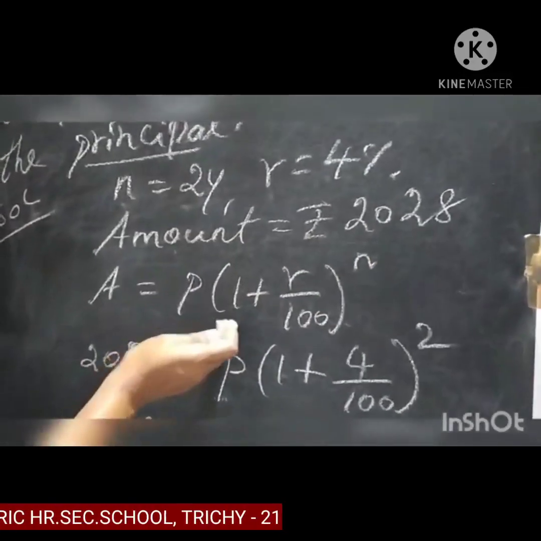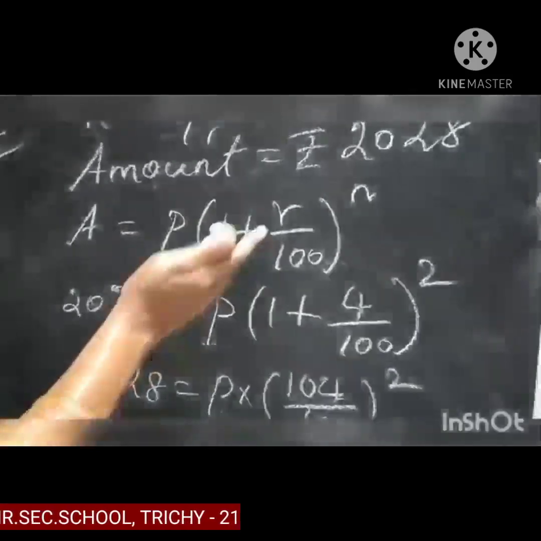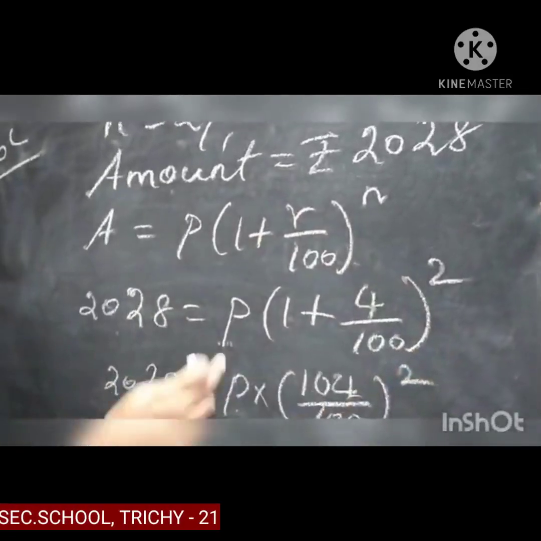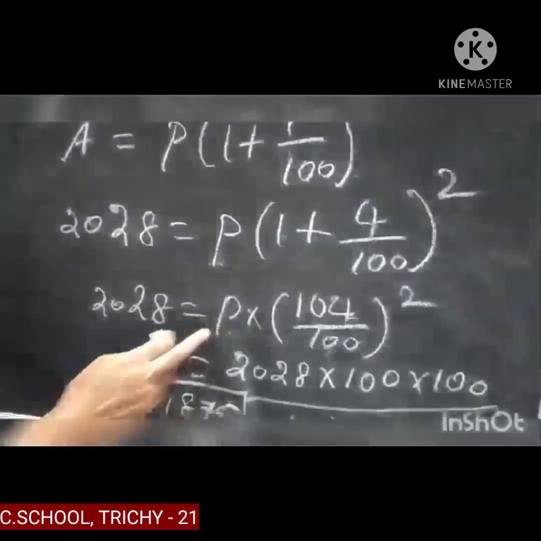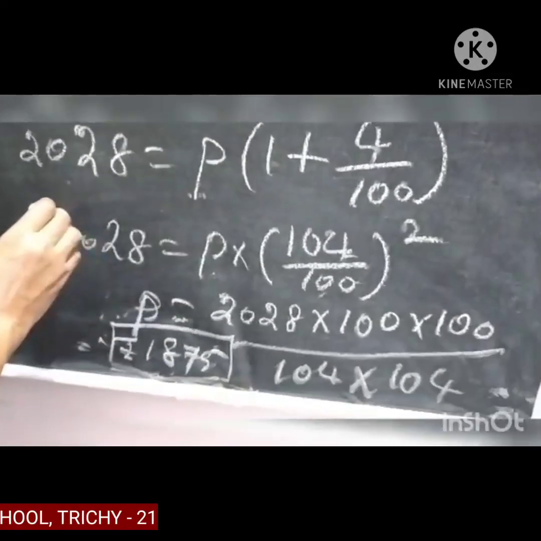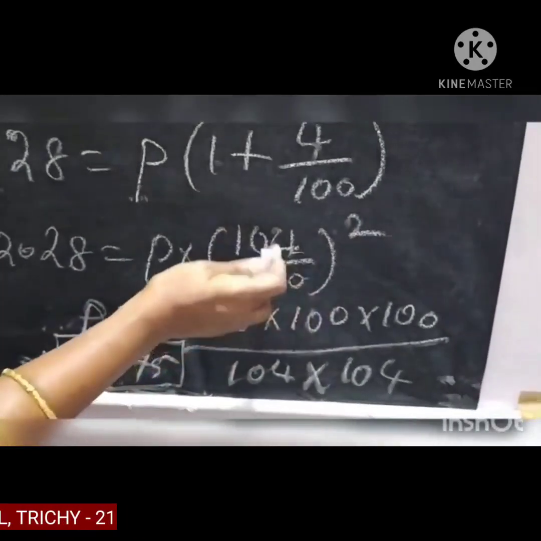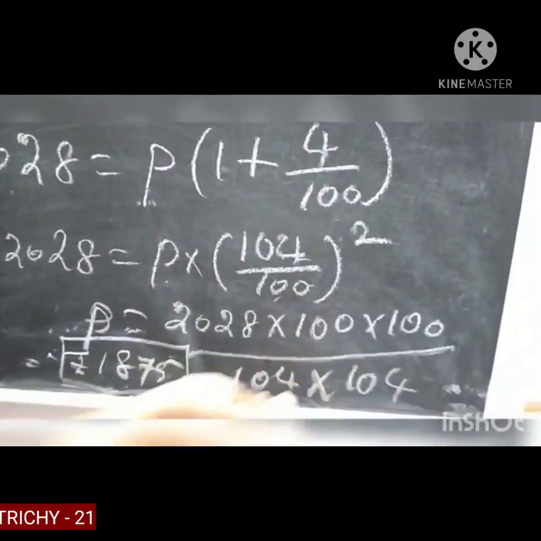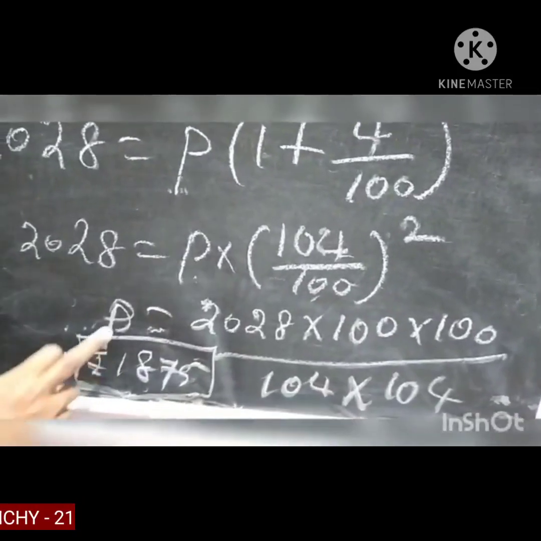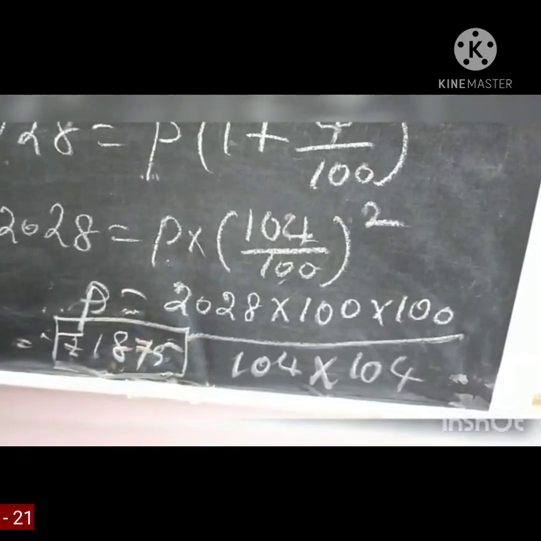By using the formula, you apply the value of A, 2028, and then R and n. You have to find the value of P, so you transfer P to the left hand side and transfer all the numbers to the right hand side. Here power 2 means you have to write it 2 times. After cancelling you will get the final value, that is the principal value, rupees 1875. Is it clear?